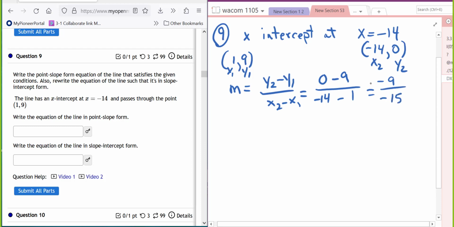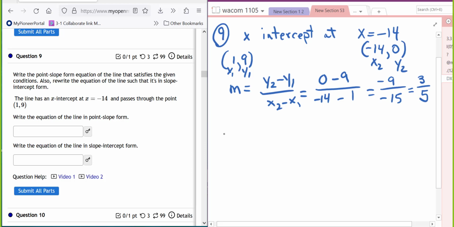They would expect us, of course, to clean up the two negatives and make positive, and also this will reduce with a common factor of 3. 3 will go into 9 3 times, and 3 into 15 will go 5. So 3/5 for a slope.